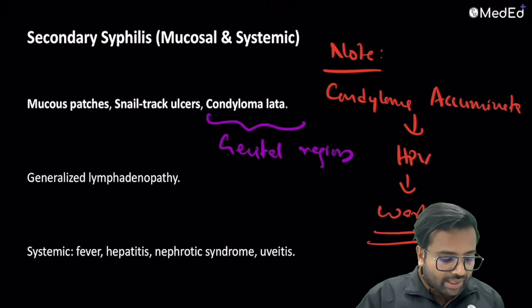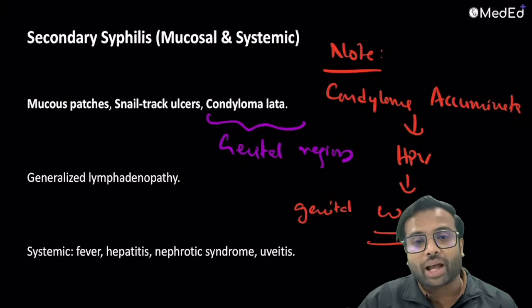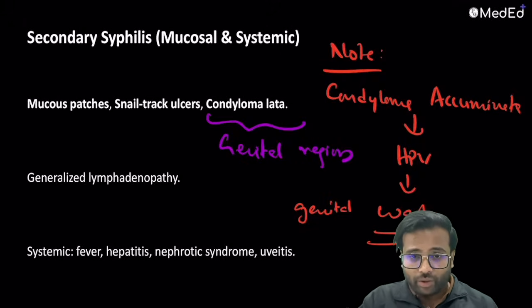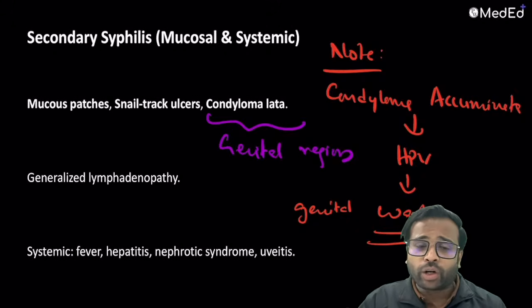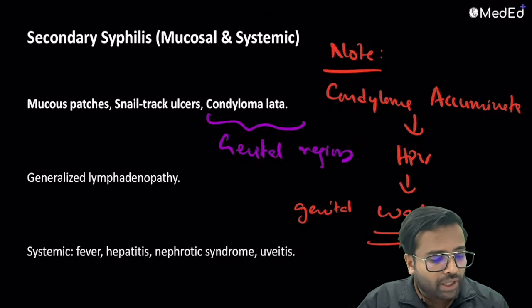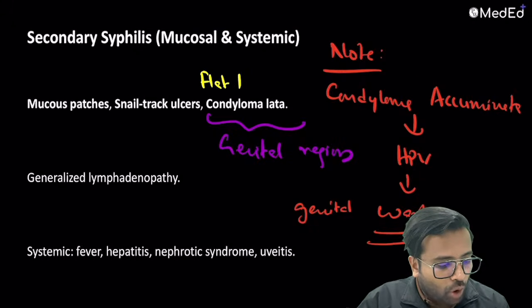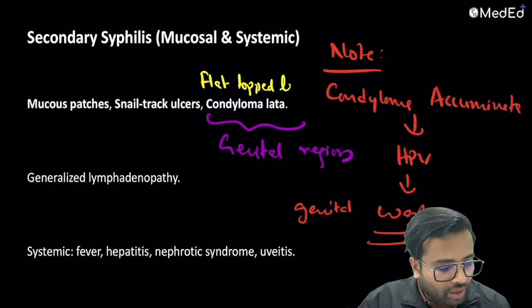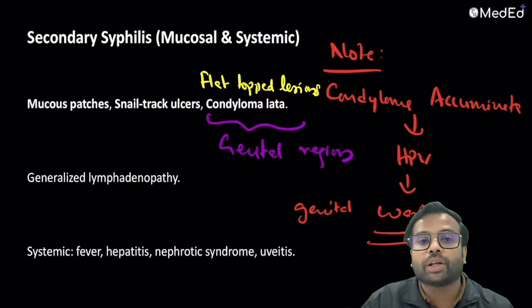So whenever you can see genital warts, it is called condyloma acuminata. Whereas whenever you can see condyloma lata, it means flat topped lesions. So these flat topped lesions that you can see are called condyloma lata.